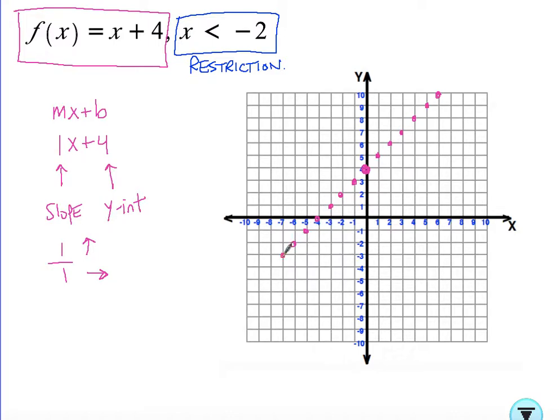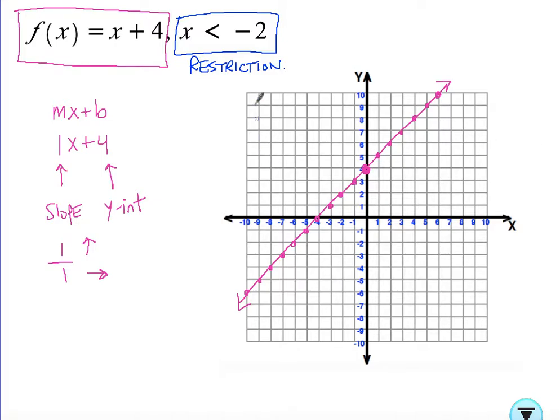Some of you guys, when you graph, you only graph a little tiny portion, but I want to make sure that you're graphing the whole line here. Okay, so here's my line. So the pink part is done, and now what we're going to do is the restriction part.